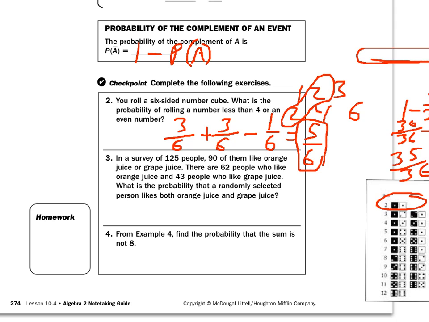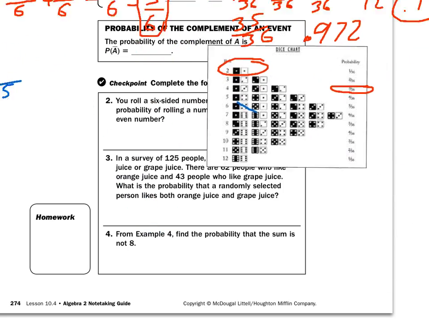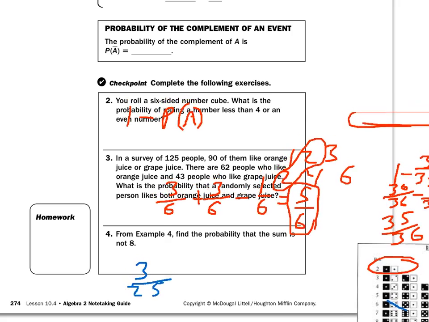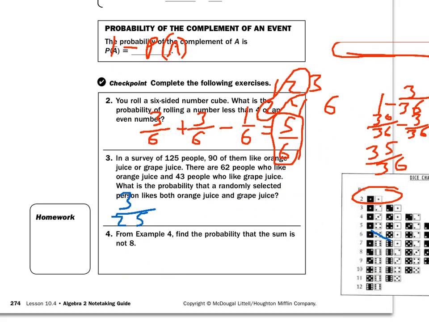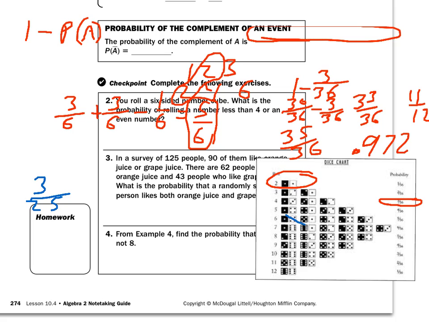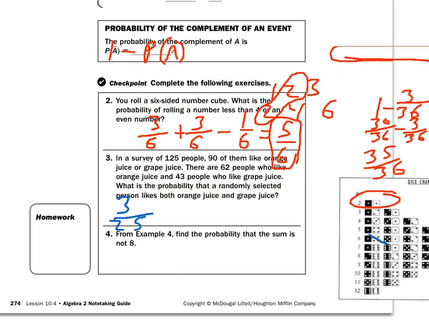All right. On this next one, 3 out of 25 is what that ended up being, and you worked it out the same way as the music problem. And for the probability of a sum that is not 8, let's look real quick: 1, 2, 3, 4, 5 different ways to get an 8.